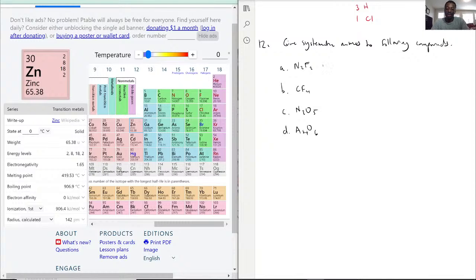Carbon and fluorine, same thing, both nonmetals, molecular. Nitrogen and oxygen, both nonmetals, molecular. Okay, and then arsenic and oxygen. Ooh, that's tricky. It's a metalloid.